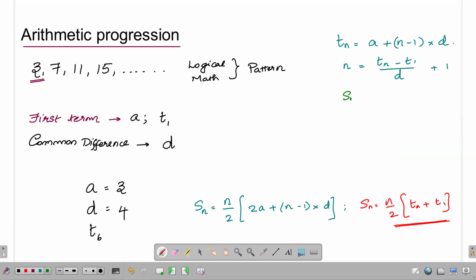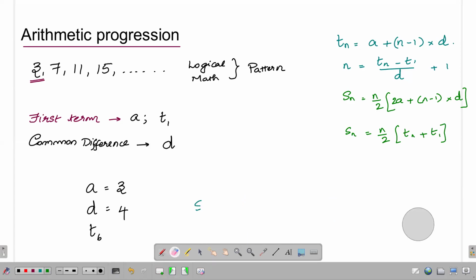Sum to n terms of an AP is n by 2 into 2a plus n minus 1 times the common difference. Also, sum to n terms is given by n by 2 into last term plus first term. So these basic formulae, 4 I have written here.